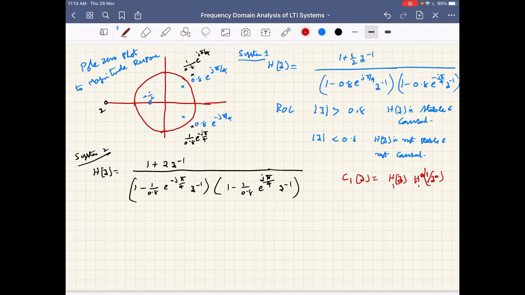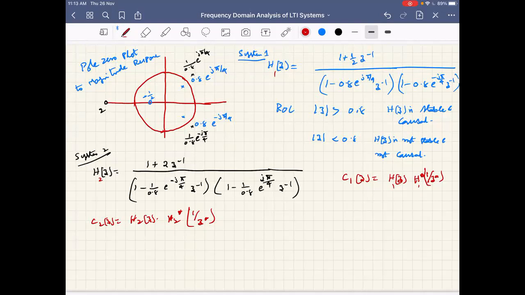Similarly, let this be H1 and this be H2, and hence we write C2 of Z equal to H2 of Z into H2 star of 1 by Z star. Now let us simplify both of these, and you see that C1 of Z equals C2 of Z. That means both of them have the same magnitude response.